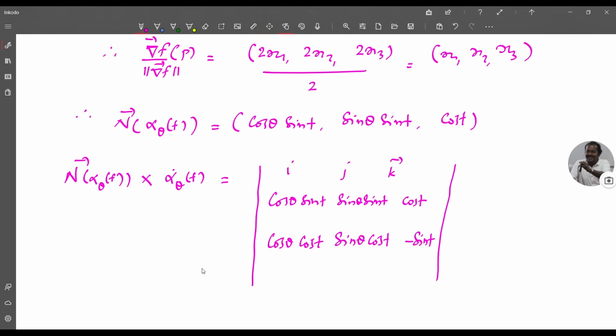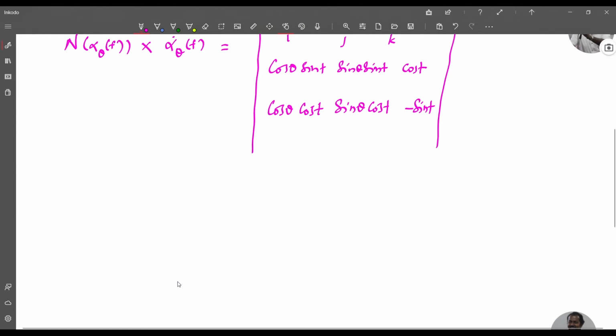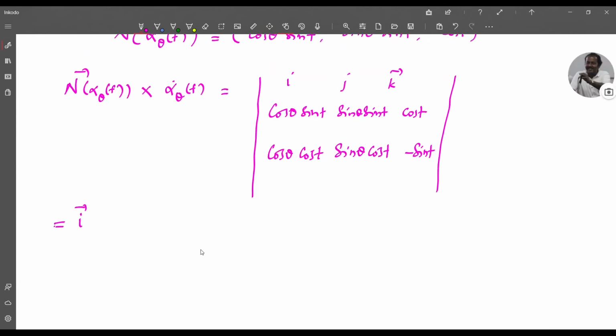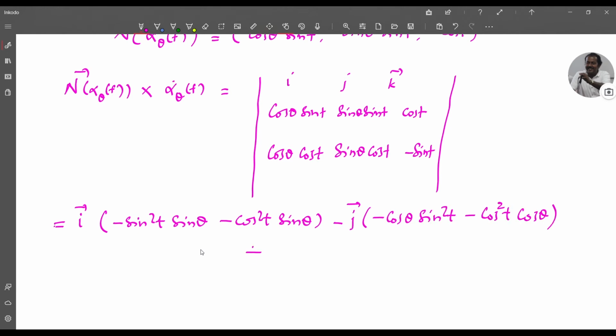Now on expanding this determinant, you will get i into minus sin square t sin theta minus cos square t sin theta, minus j into minus cos theta sin square t minus cos square t cos theta, plus k into cos theta sin t sin theta cos t minus cos theta cos t sin theta sin t.